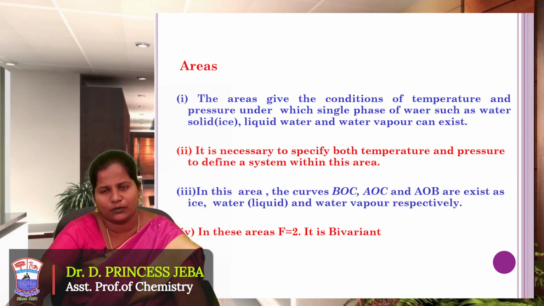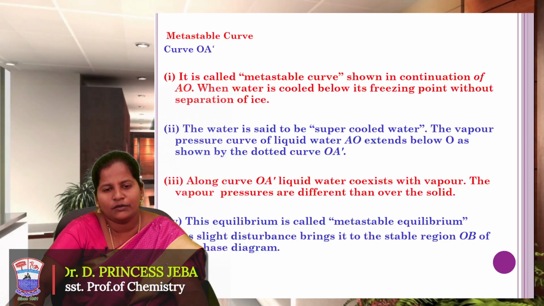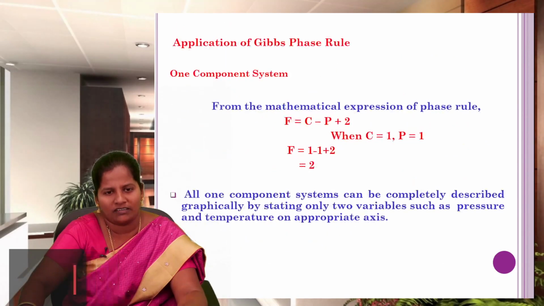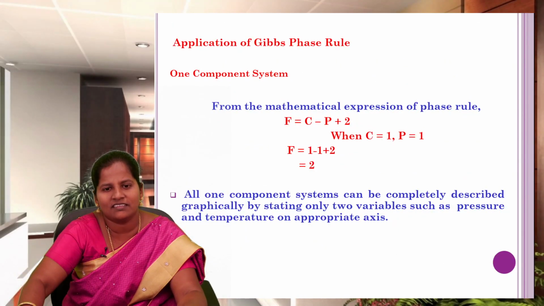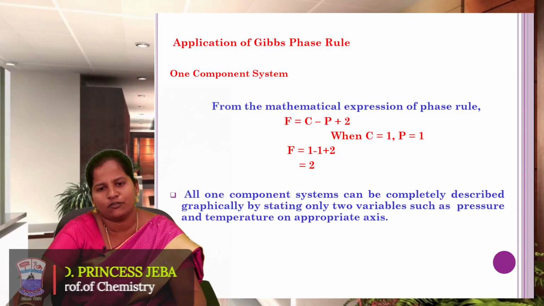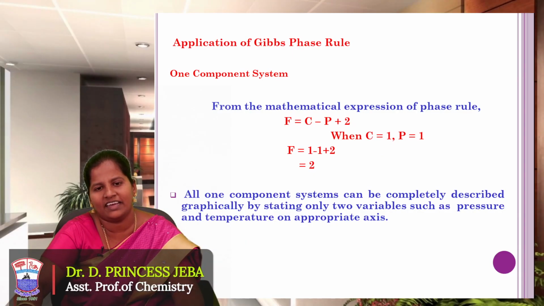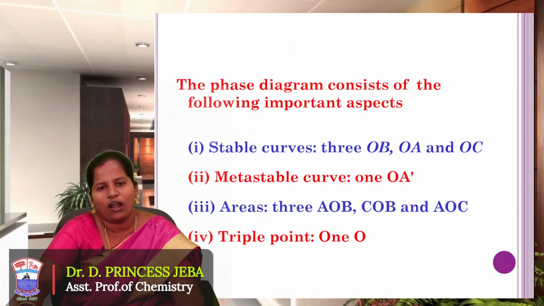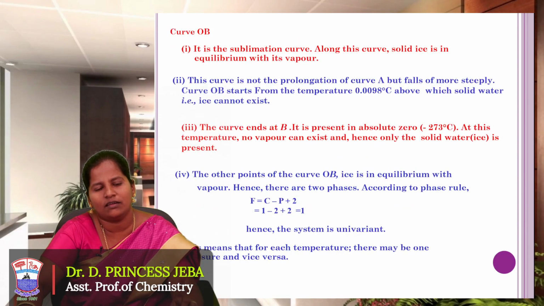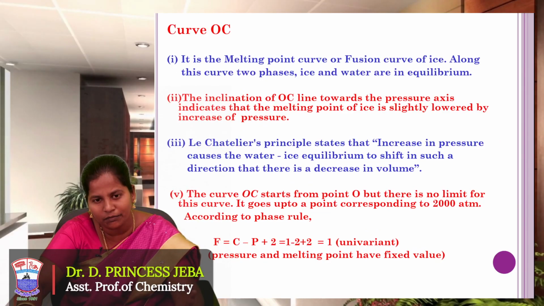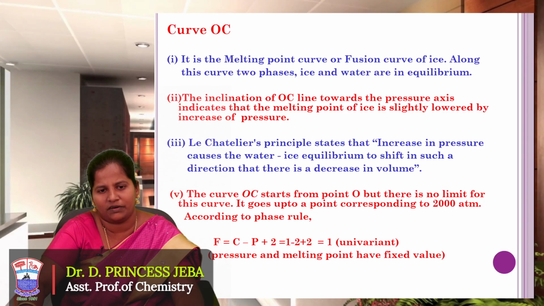From the phase rule, F is equal to C minus P plus 2. When you apply this, the component is 1, the phase is 2, so 1 minus 2 plus 2, and F is equal to 1. So along the curves, there is only 1 degree of freedom. Degree of freedom means either temperature or pressure may be used to explain the system.